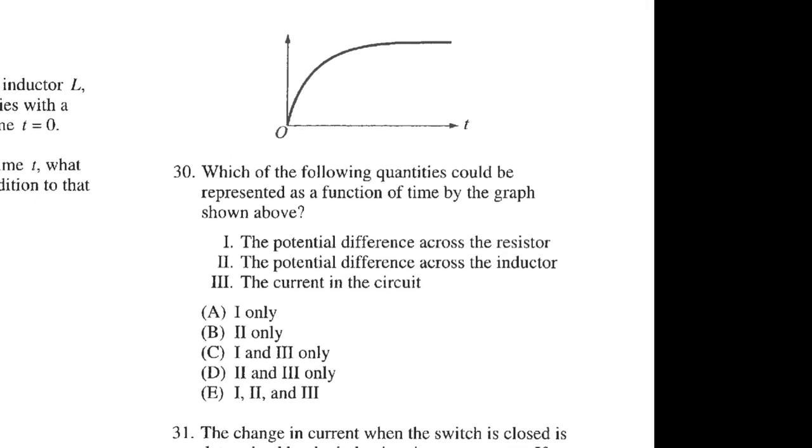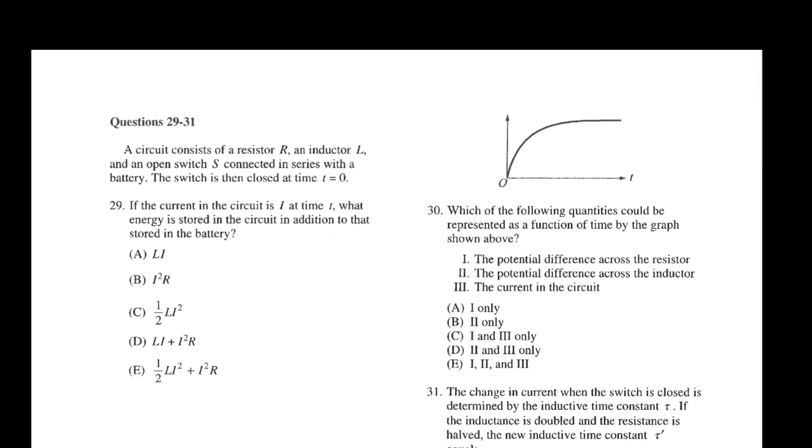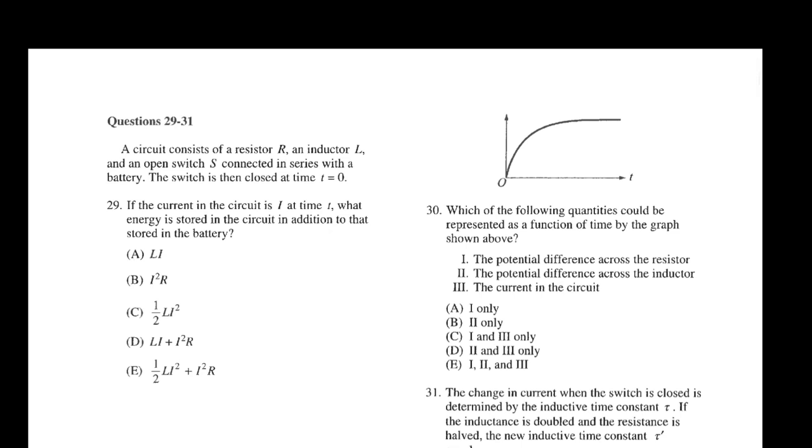Which of the following quantities could be represented as a function of time by the graph shown above? The potential difference across, this must refer to something. A circuit consists of a resistor, an inductor, and an open switch connected in series with a battery. The switch is then closed at time t equals 0.